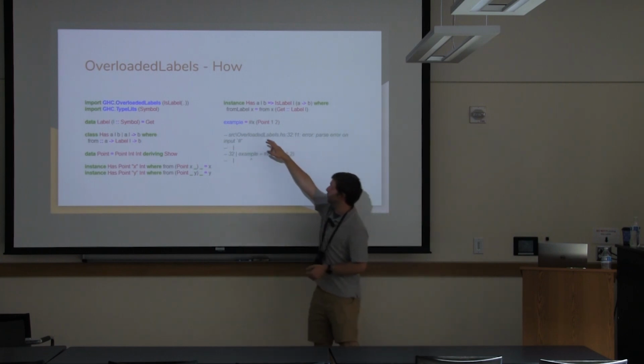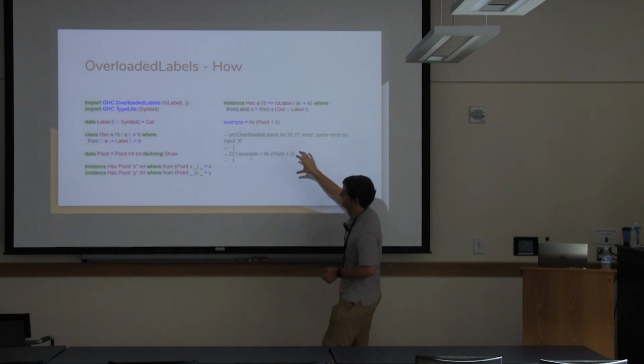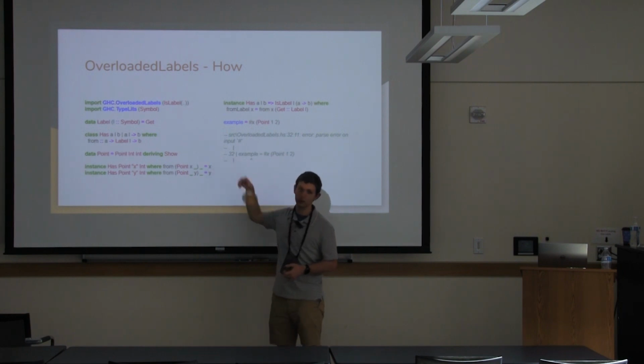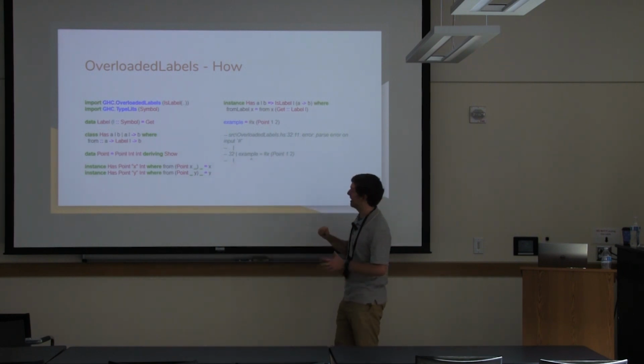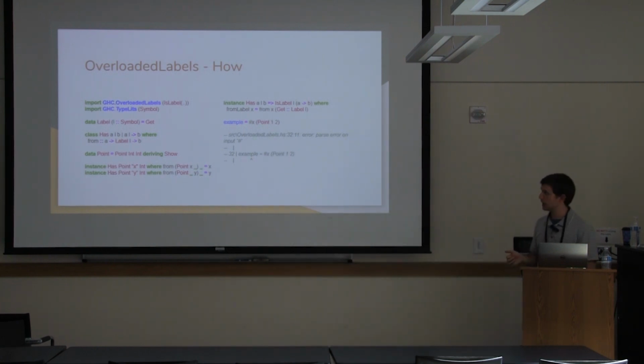So in this case, you use hash x to refer to what would essentially just be these instance methods for a record, which are just grab value x out and grab value y out. So it's not super useful today, but they're hoping that it will become useful in the future. Unless you're working in that domain, this extension doesn't have too much actual utility in real code.